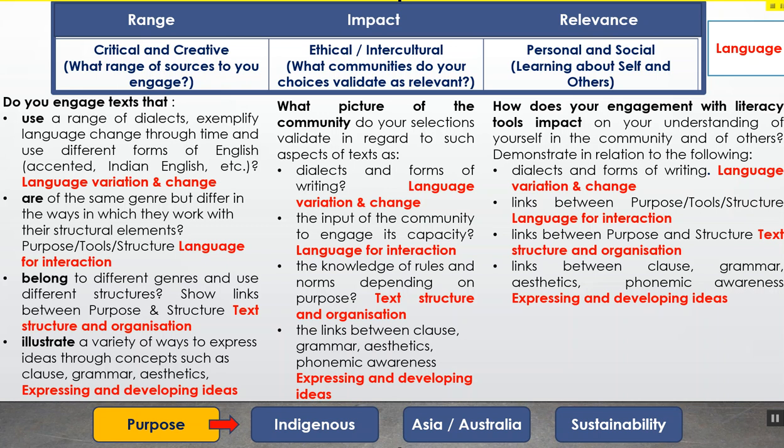So when we look at the personal and social capabilities, we're asking ourselves, what is it that we want in terms of our child learning about herself in the community and in the community of others? So herself and also learning about others. That cooking is connected to the community.